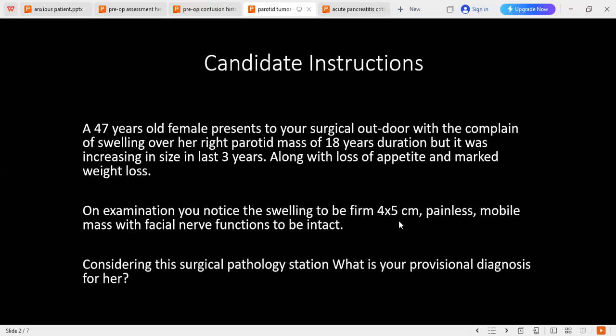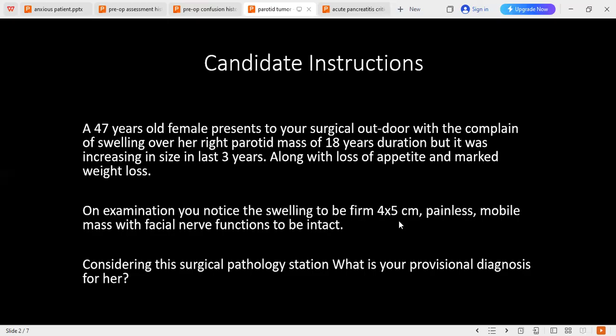After that, I would like to do FNAC or true cut biopsy for tissue diagnosis, and CT scan or MRI. The management plan is surgical excision. There are a few options like extracapsular excision of the parotid gland or superficial parotidectomy.